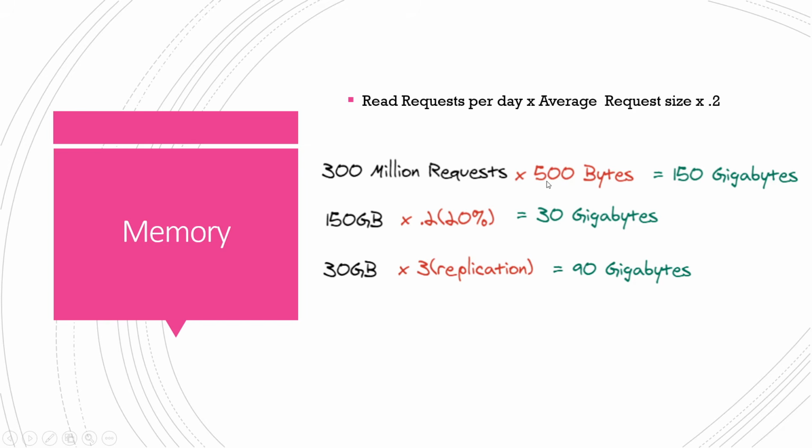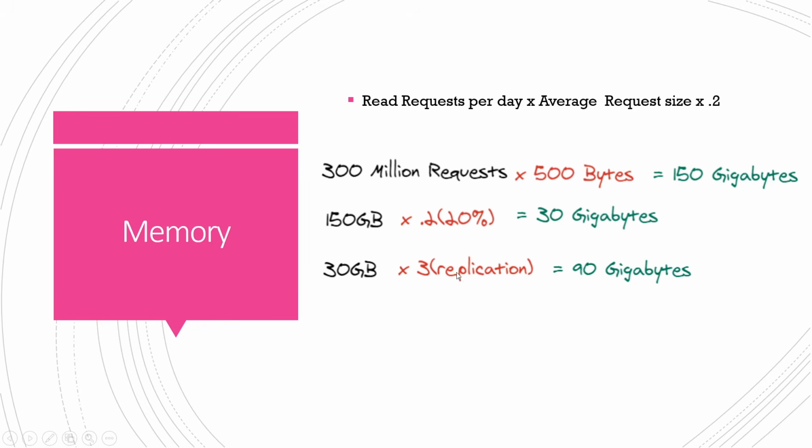We'll just do a rough estimate of 500 bytes per post, and that comes out to 150 gigabytes. We then multiply that by 20%, or 0.2, which means of that total 150 gigabytes, we only really need to store 30 gigabytes of the most popular or most frequently accessed.